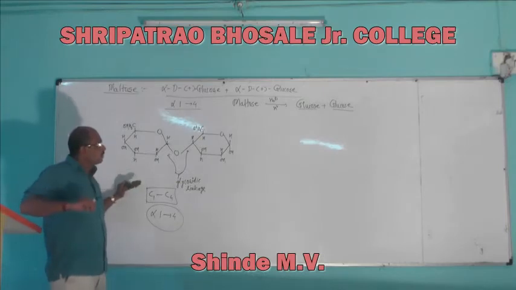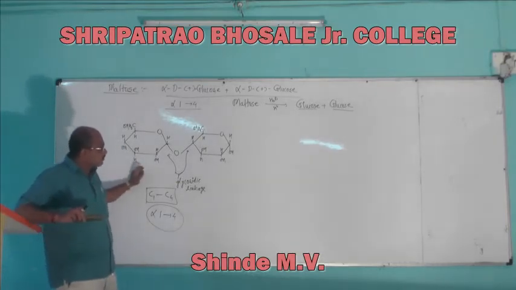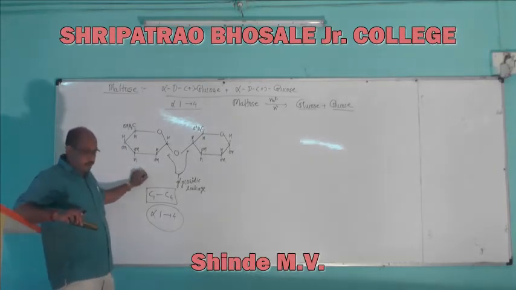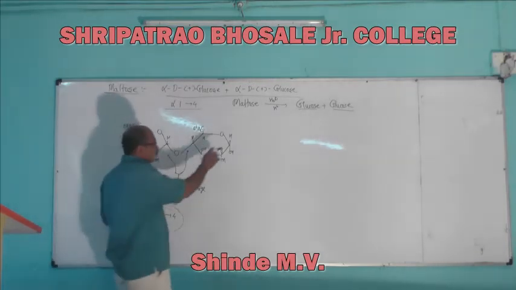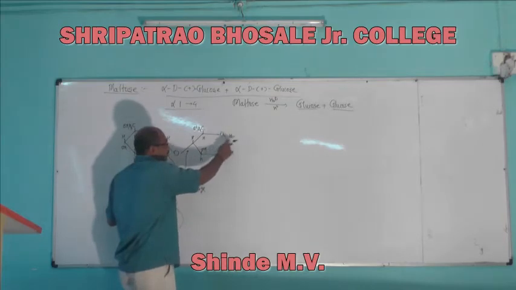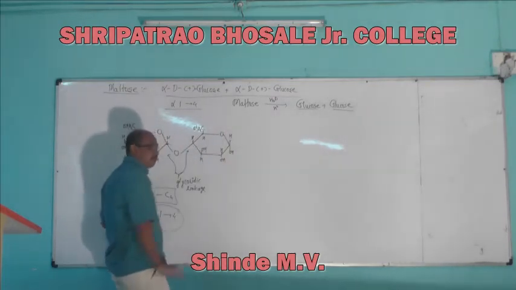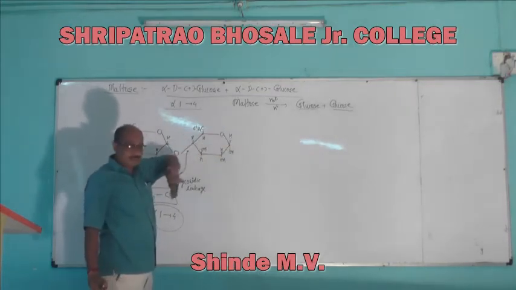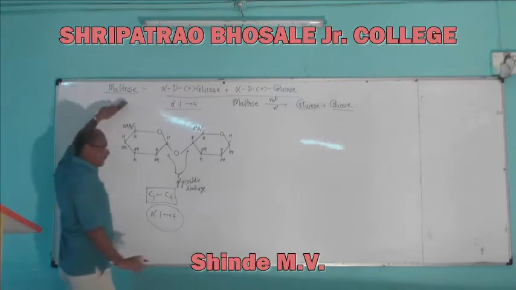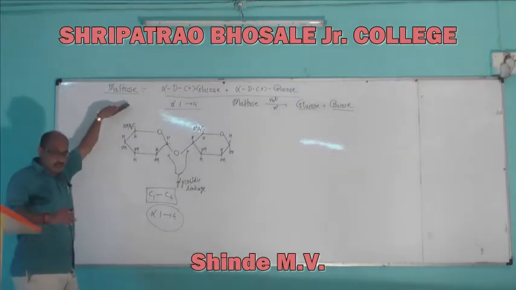When we look for a free aldehydic group in the maltose disaccharide, C1, carbon number 1 of the other monosaccharide unit of glucose, is found free. So maltose is a reducing sugar.